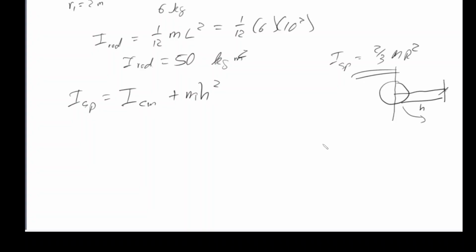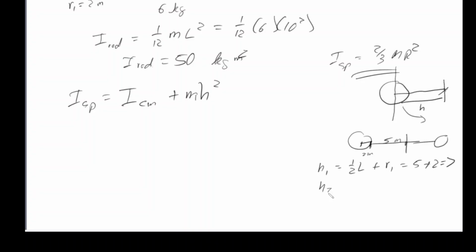So for sphere 1, the rod is 10 meters long, so from the outside of the sphere to the axis of rotation, that's 5 meters, and this radius is 2 meters, so h1 is equal to 1/2 the length of the rod plus r1, which is equal to 5 plus 2, which is equal to 7.